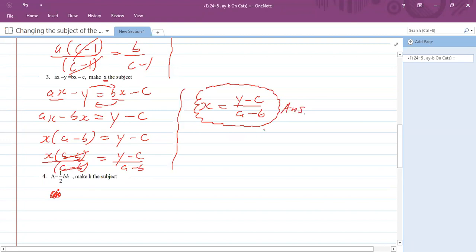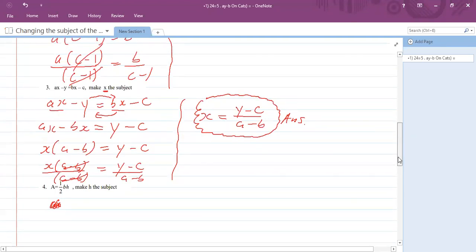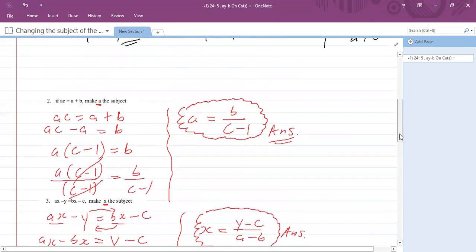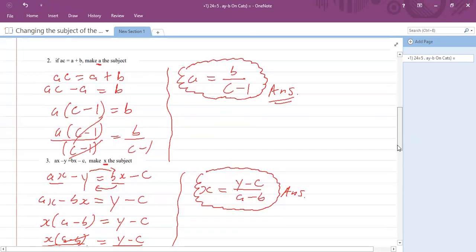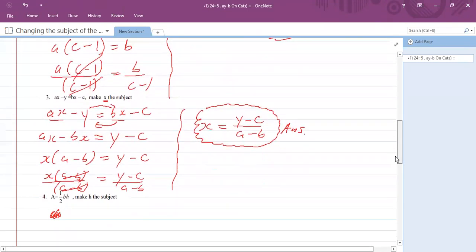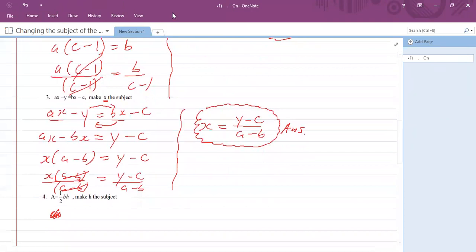Do you realize that it's similar to the previous one? Hello, talk to me, guys. Yes, sir. Go ahead. If I had put negative C plus Y where Y minus C is. That's fine. That's perfect.